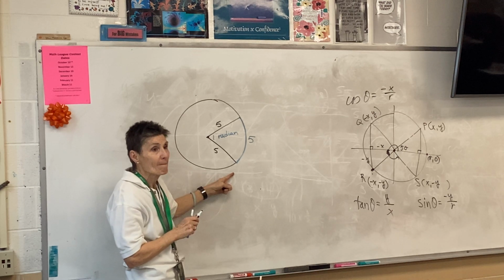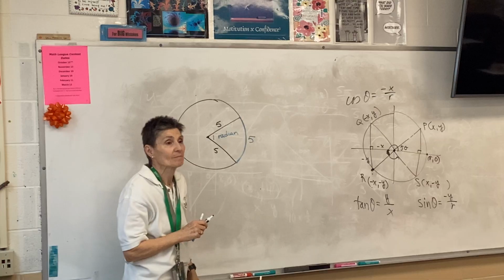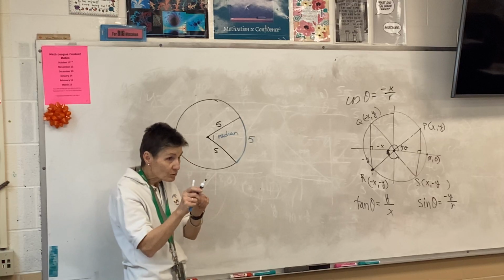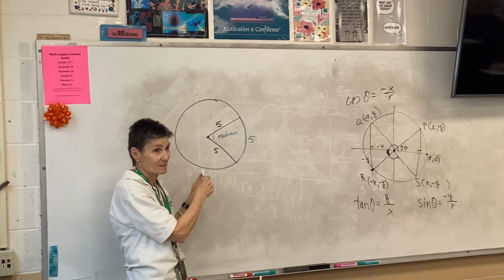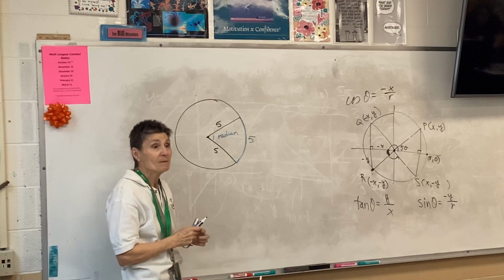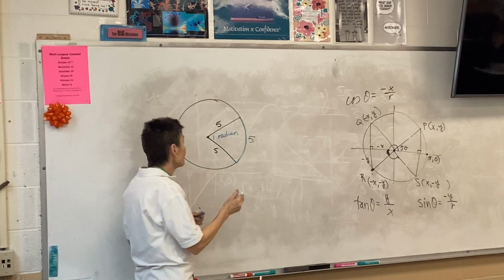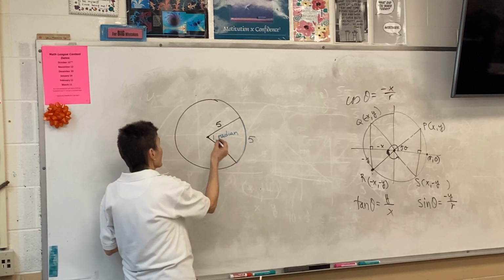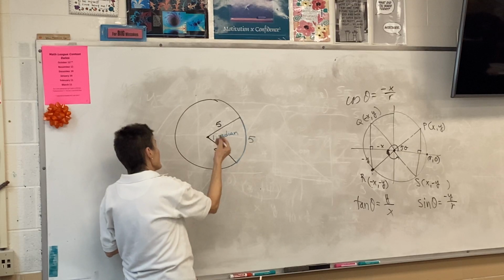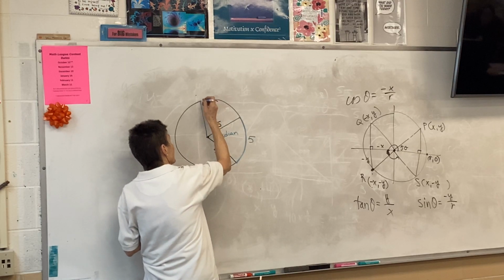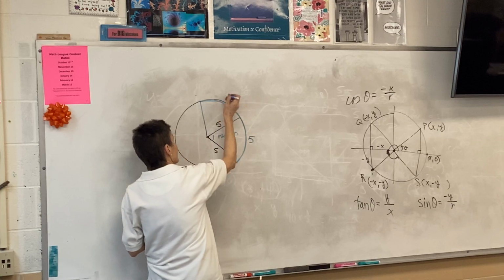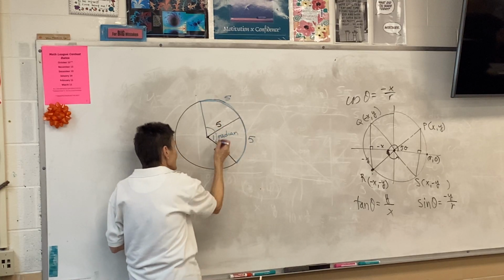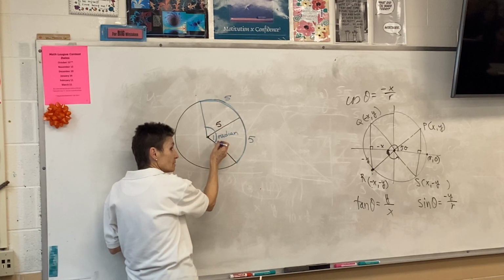Is it also because you use 2 pi r, and 2 pi r comes from this? Yes. Because if there's 1 radian, what if I drew another arc length of 5 here? What would this big angle be? 2 radians.